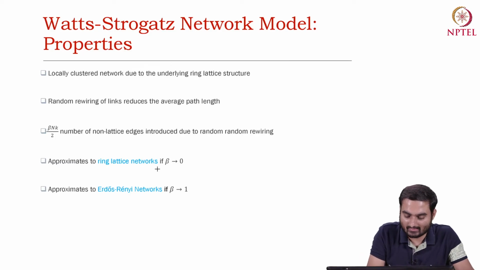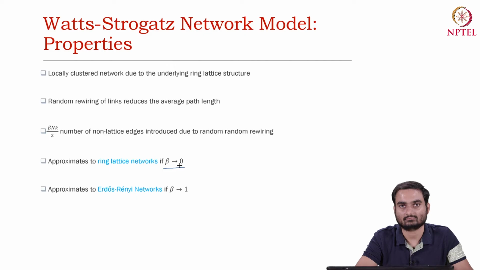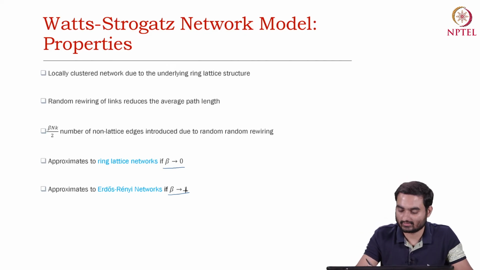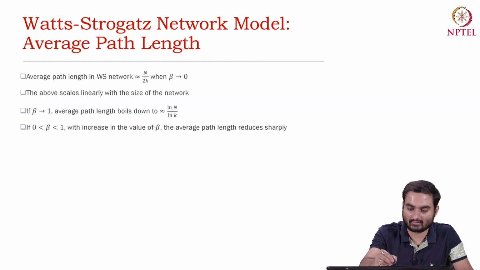As beta tends to 0, meaning the rewiring probability is 0, it would basically follow a regular lattice structure because there is no rewiring. And if beta tends to 1, then it becomes more and more random. So there are two spectrums.